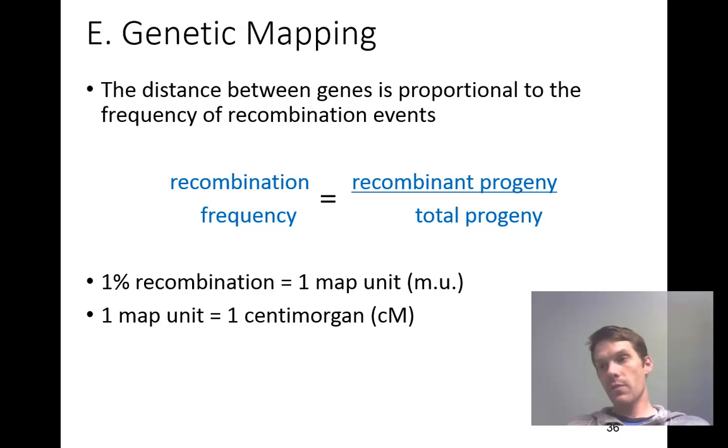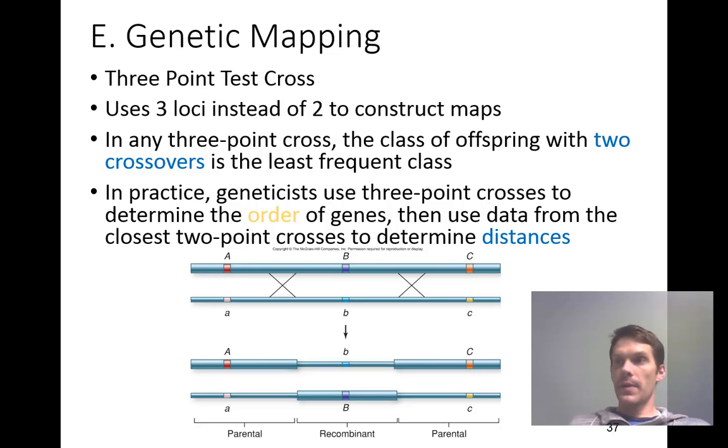So if you have a 1% recombination, he quantified this as being one map unit, which he then called a centimorgan. I don't know if he named it or if someone else did, but 1 centimorgan then is a distance between two genes. And you can use two-point test crosses where you're looking at two traits to look at those differences.